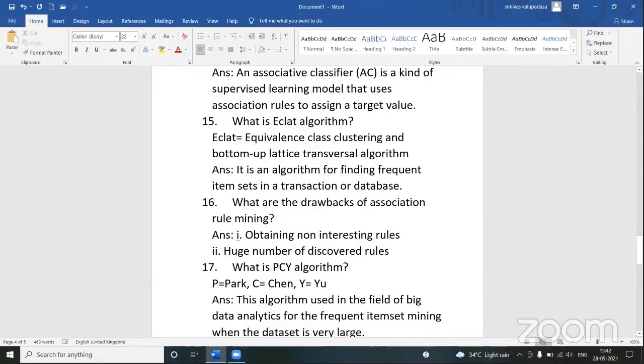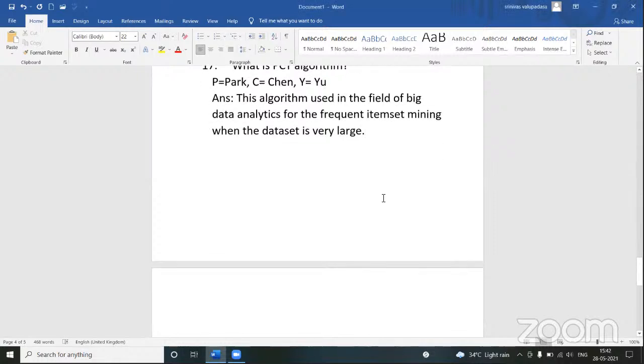This is the PCY algorithm. Next question.